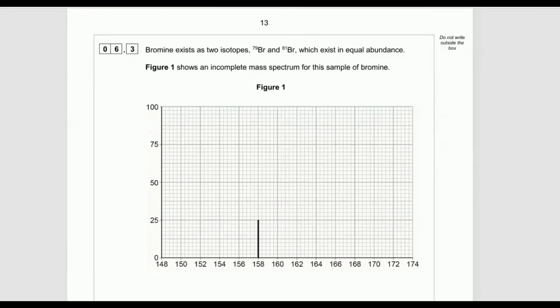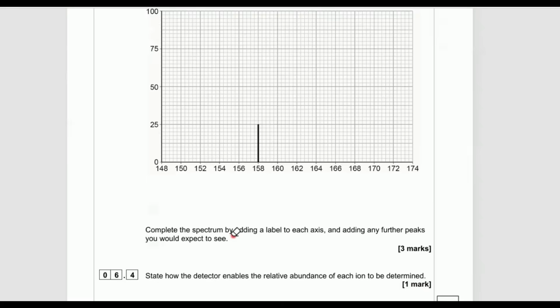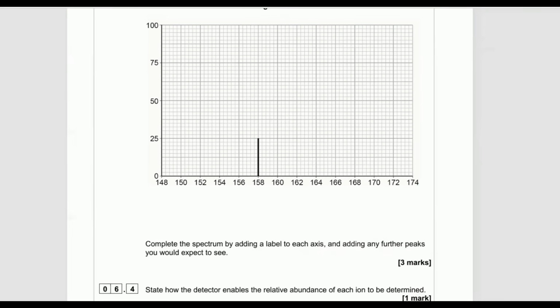Okay. Bromine exists as two isotopes, bromine 79 and bromine 81, which exist in equal abundance, so 50% of each. Figure 1 shows an incomplete mass spectrum for this sample of bromine. Complete the mass spectrum by adding a label to each axis and adding further peaks, what you would expect to see, 3 marks.